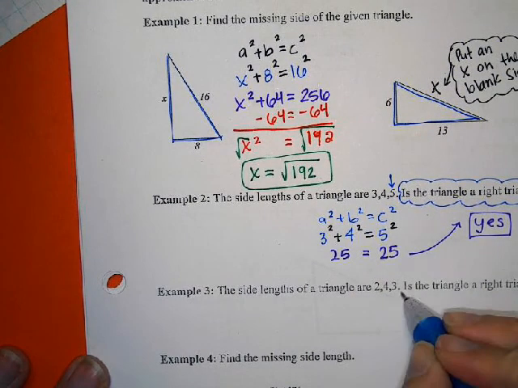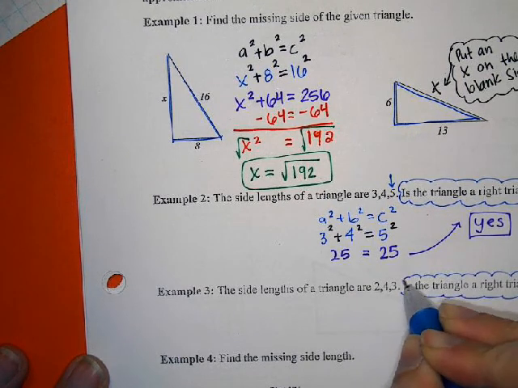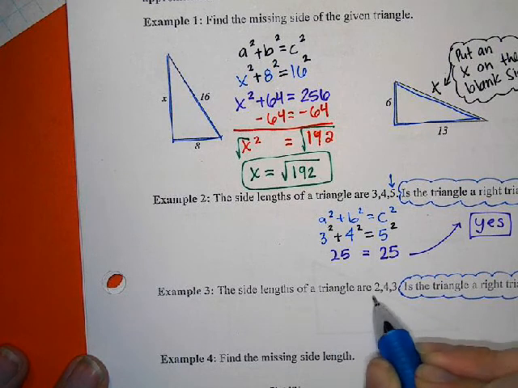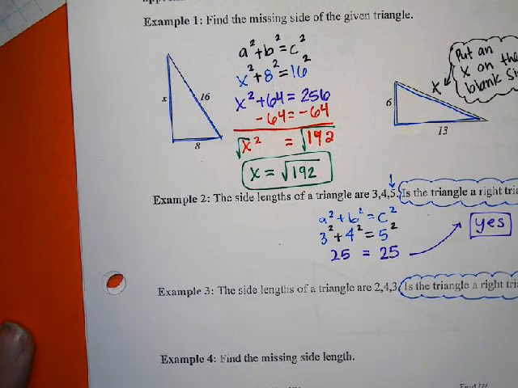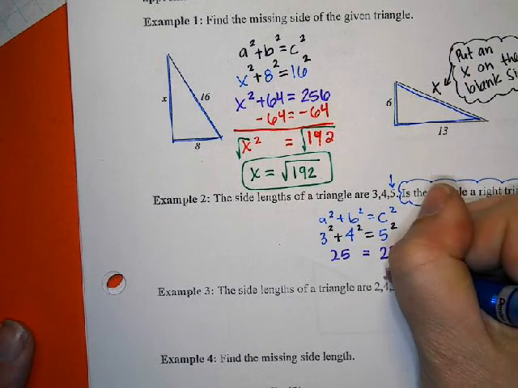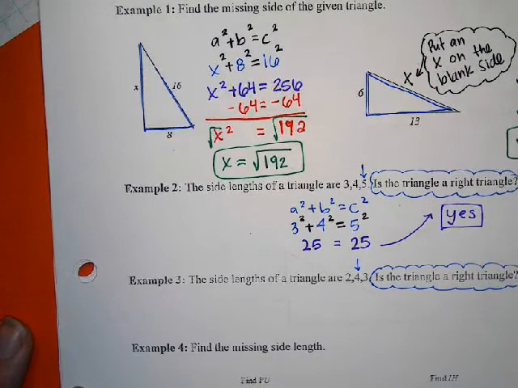Example 3. Is it a right triangle? Be very careful. They give you the list of 2, 4, and 3. Which is the longest side? Four is the longest.